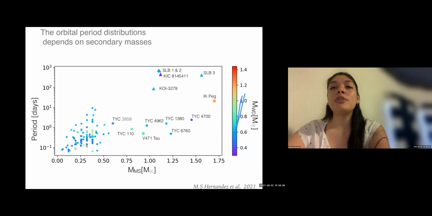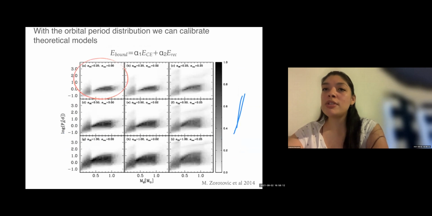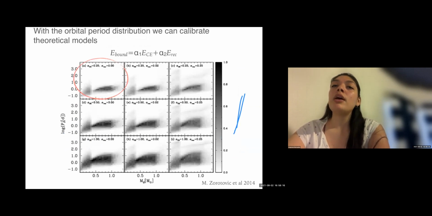And if we compare this with population models, we saw that the evolution of the binaries with intermediate mass can be explained the same as the post-common envelope binaries with M dwarfs.